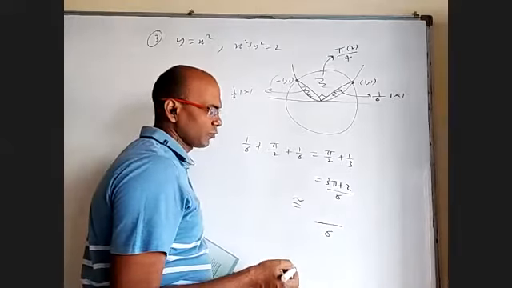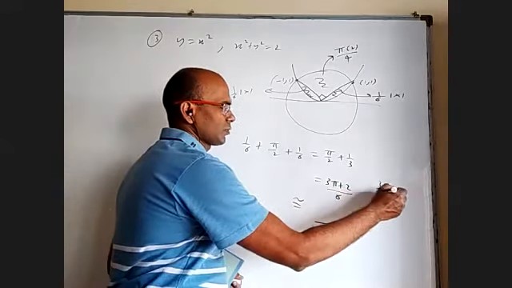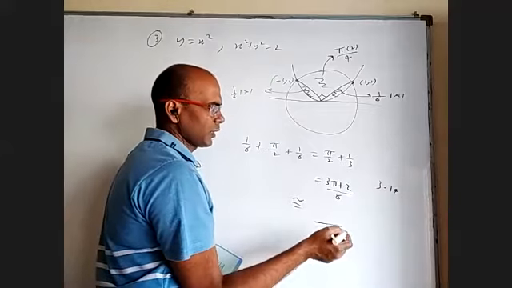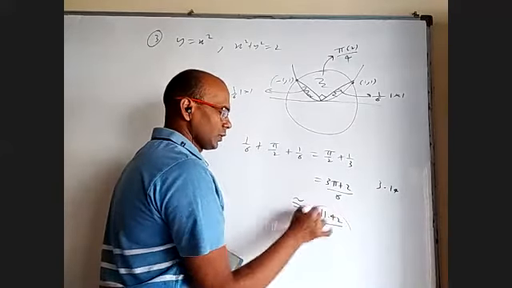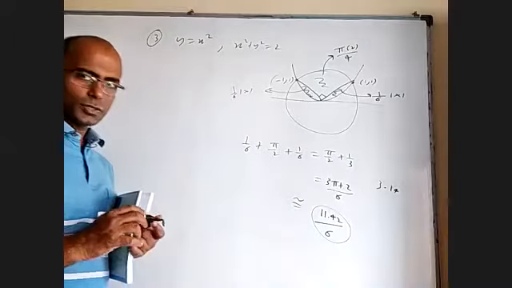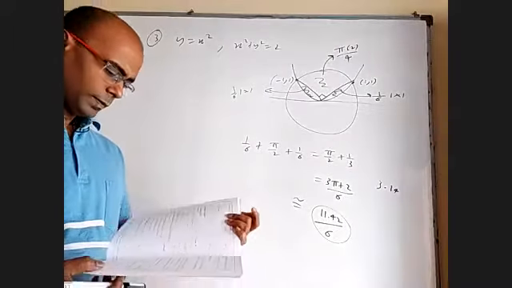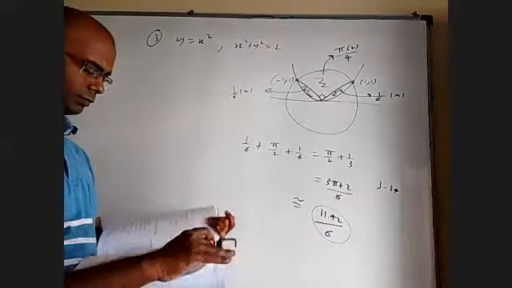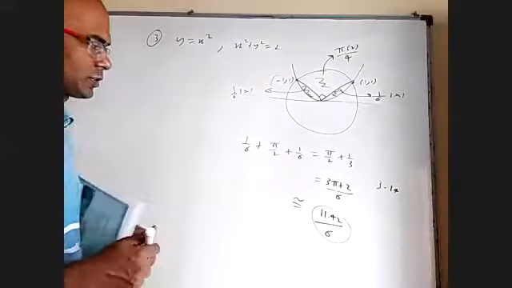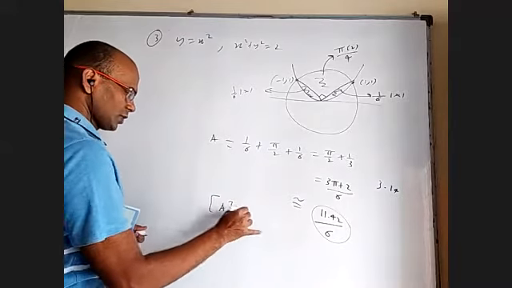If you multiply by 3, 9.42, plus 2 is 11.42, divided by 6. Whatever it is, it is a little less than 2, but more than 1. Anything between 1 and 2, the integer part is 1. That's it. So this is the area and the integer part of A is 1.